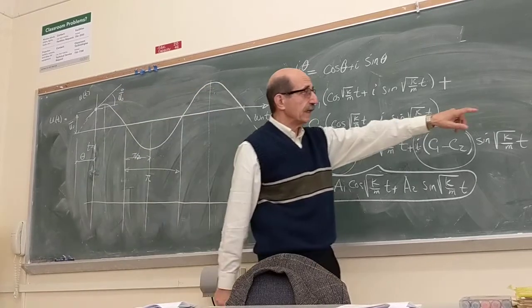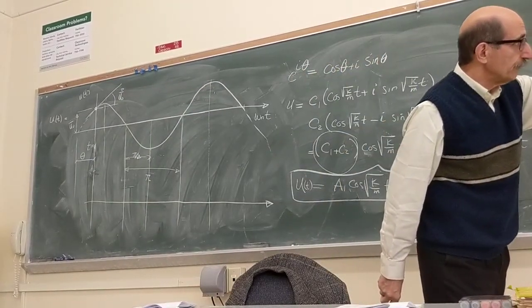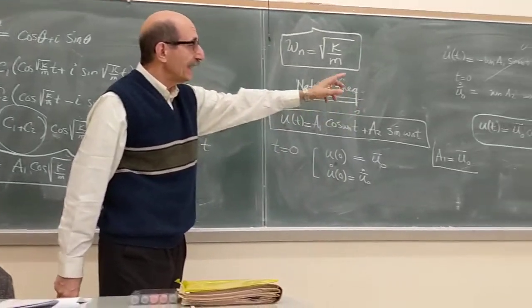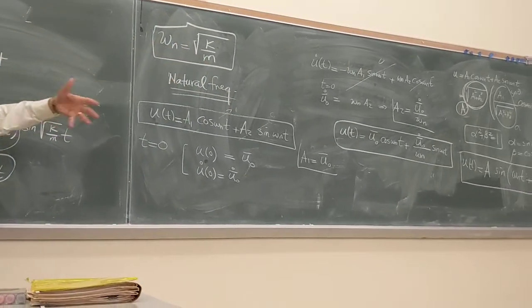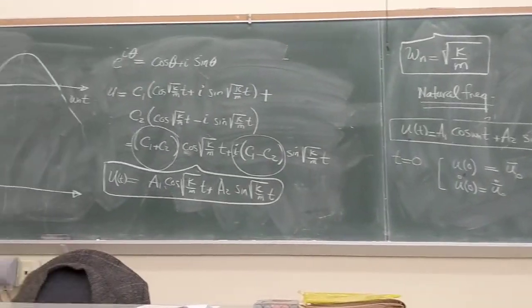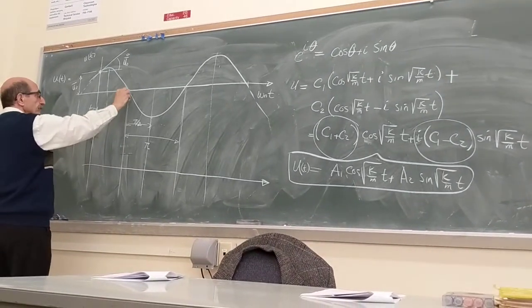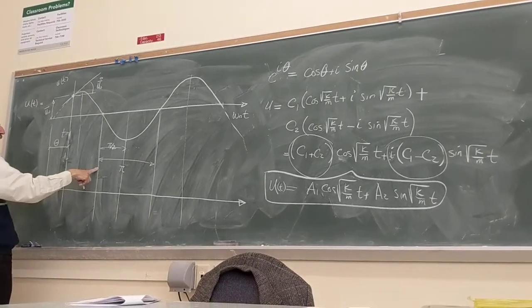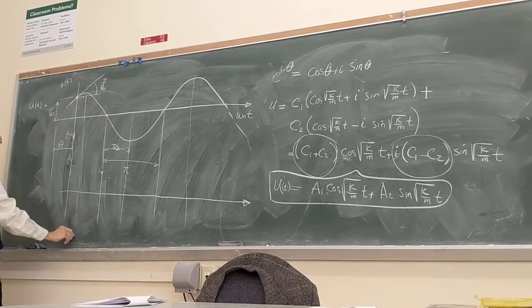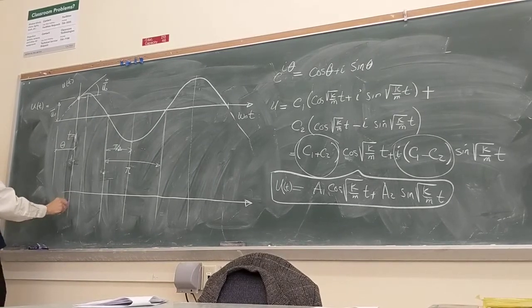Velocity is a derivative of that, right? So it would be what? It would be negative omega n, I'm sorry, omega n, a cosine omega n t plus theta, right? So there's the derivative of this function. In other words, when this is 0, this would be maximum. When it is maximum, this function will be 0.